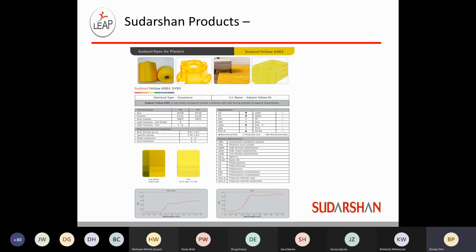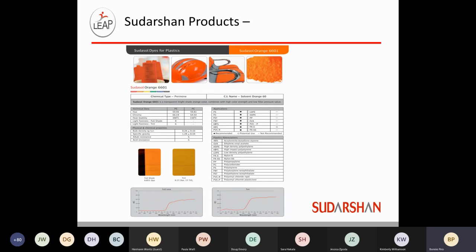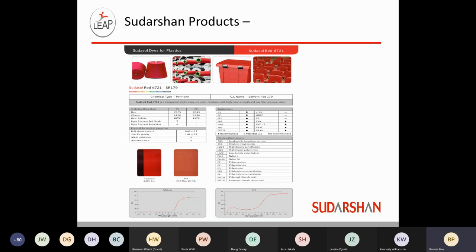The Solvent Yellow 93 is the Sudasol Yellow 6501. The Solvent Orange 60 is the Sudasol Orange 6601. And lastly, the Solvent Red 179 is the Sudasol Red 6721.